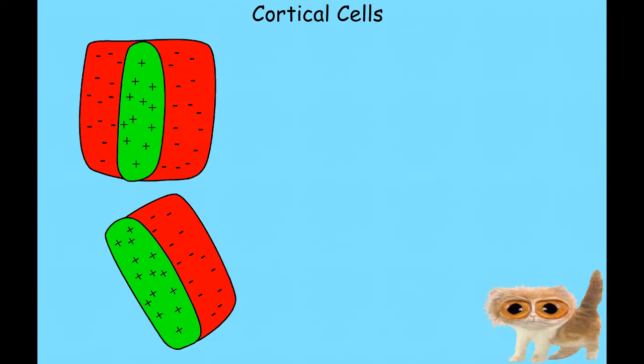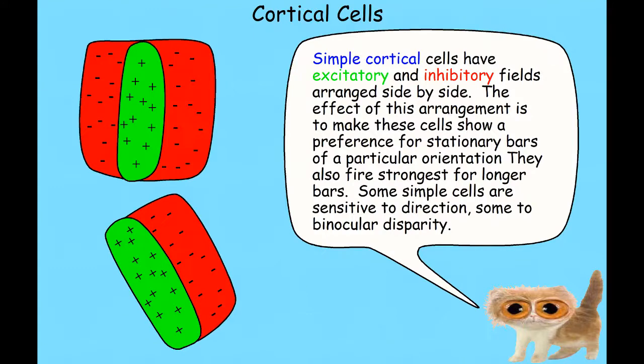So in cortical cells in the visual cortex, we find a number of different kinds of cells. We have simple cortical cells. They have excitatory and inhibitory fields arranged side by side. The effect of this arrangement is to make these cells show a preference for stationary bars of a particular orientation.